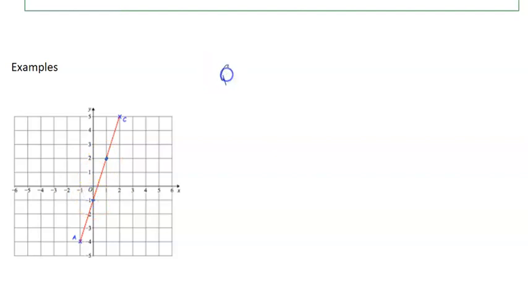So I know gradient equals rise over run, or the vertical over the horizontal. If I choose A and C to start with, then I need to know how many jumps I've got to go downwards. So that's my rise. 1, 2, 3, 4, 5, 6, 7, 8, 9.